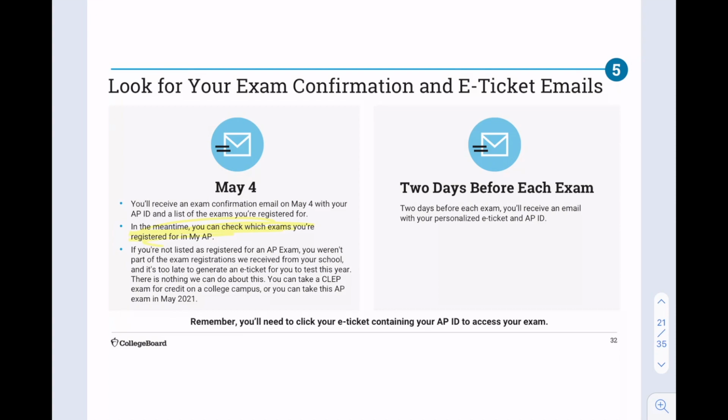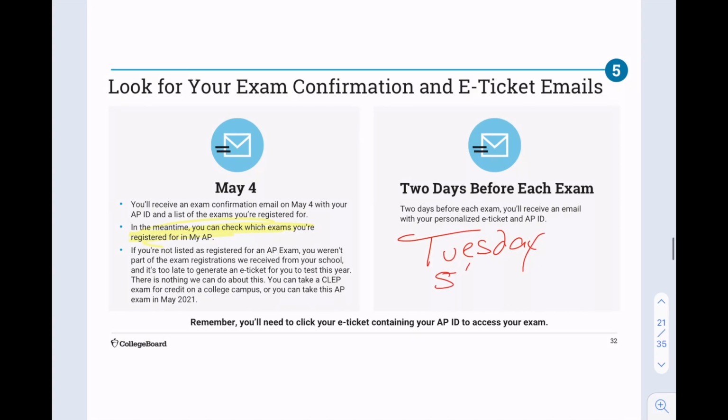Two days before the exam, which again is next Tuesday, the 12th, you should get an email which will have your e-ticket for the chemistry exam. If you don't get the email or you can't find it, it is also online at My AP.